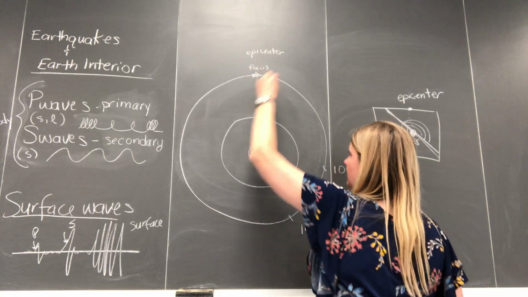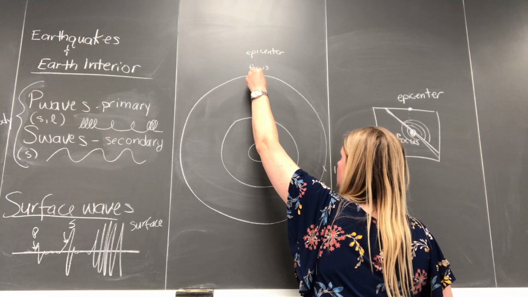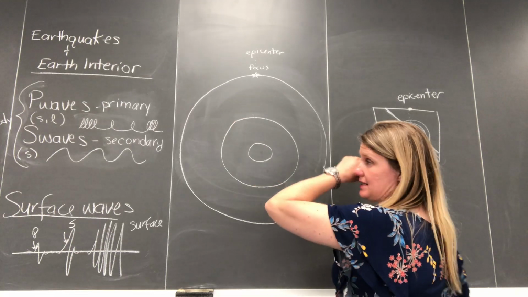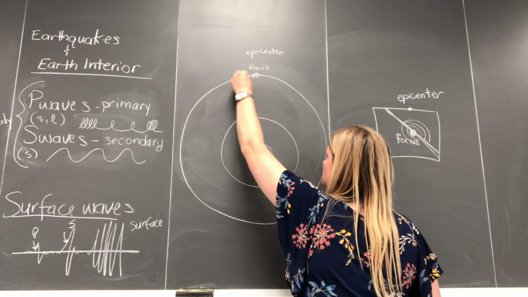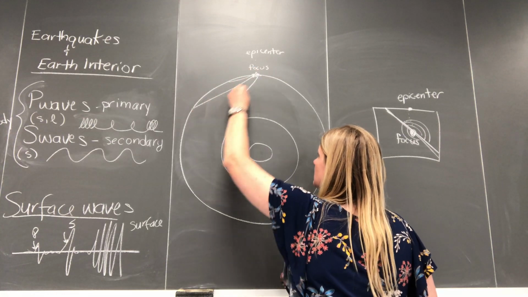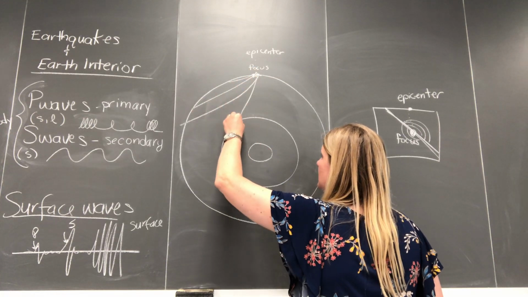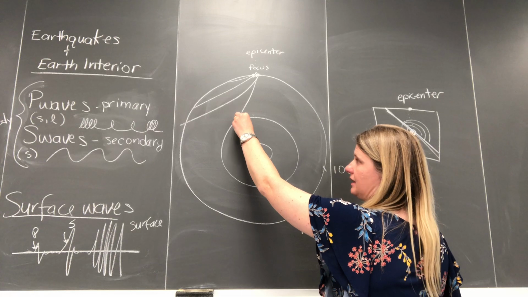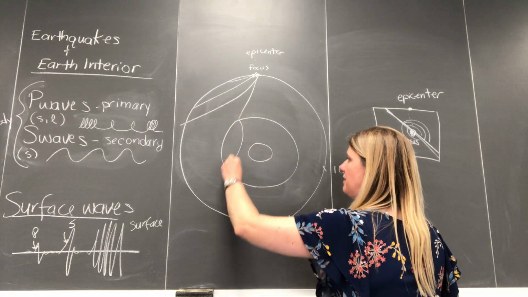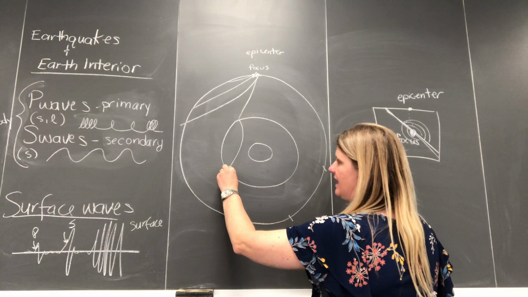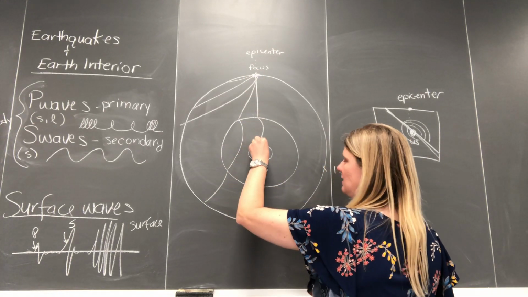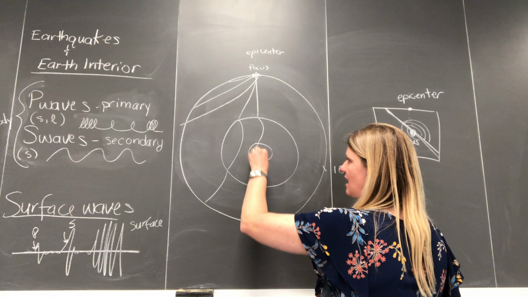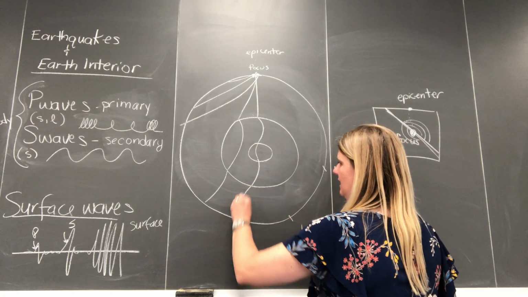When the focus releases, the waves travel in all directions, the P waves and the S waves. I'm going to draw the P waves first. The P waves, they go out in all directions. And when the P waves hit a change in medium, the liquid outer core, they bend. They get refracted, and then they come back again. And they bend again when they go through the solid core, and they bend again.